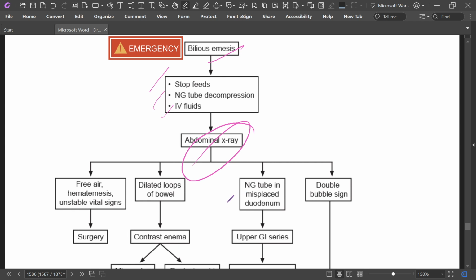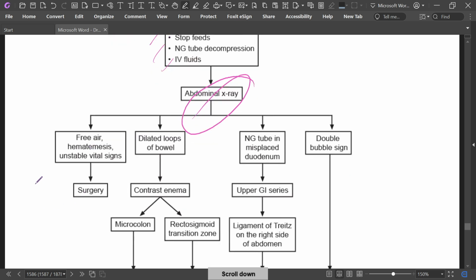Doing an abdominal X-ray: if there is free air, hematemesis, or unstable vital signs, that means perforation, and surgery should be done.